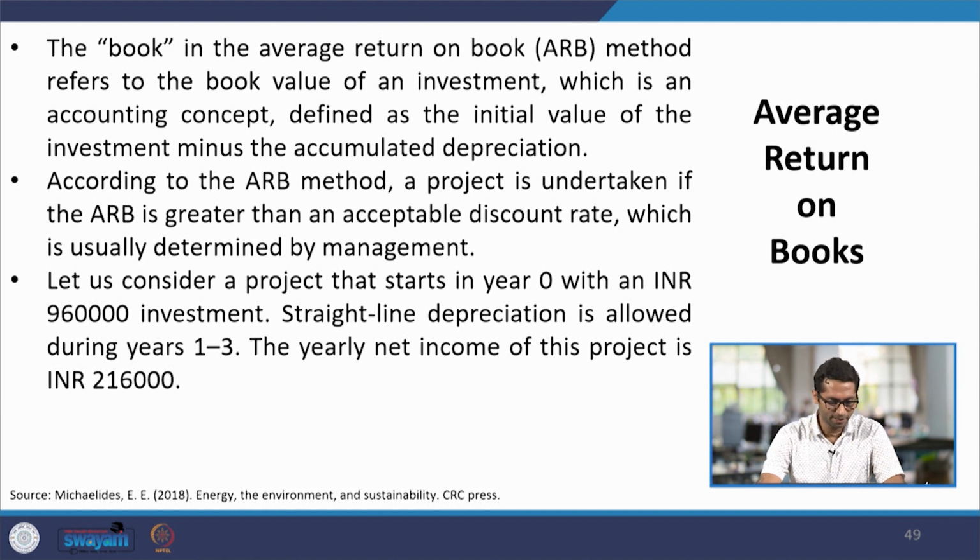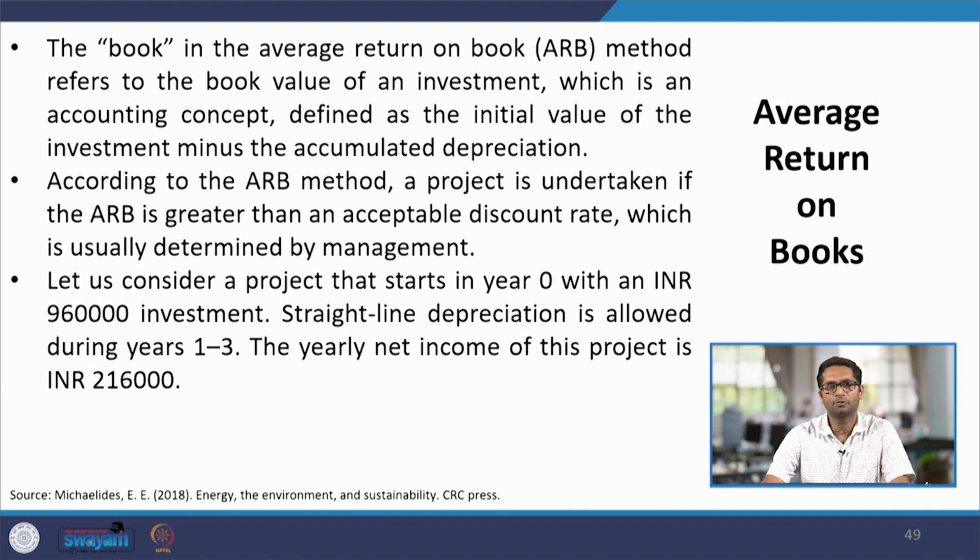So again, let us consider a simple project in which you would make an investment of around 9,60,000 rupees, and then this investment you are expecting would depreciate using a straight line method. So straight line method basically entails that the investment is linearly decreasing in its value, and that happens for the first 3 years.